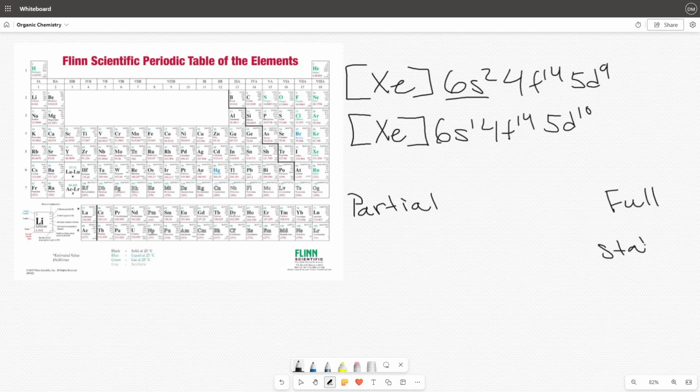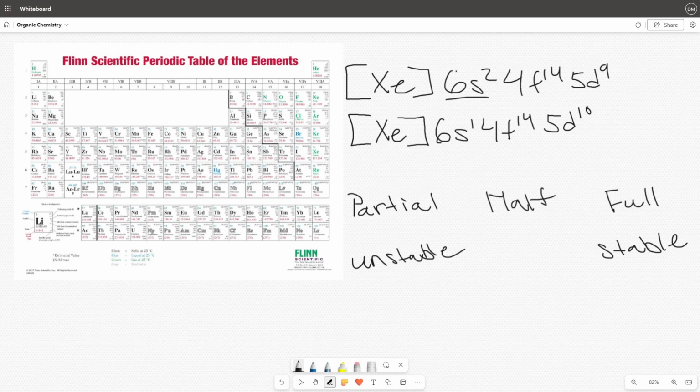So the fullest ones are going to be the most stable, while the partially filled ones, like let's say a 5d9, are going to be unstable. But there's a little in-between state, half. A half is going to be more stable than partial, but less stable than full.